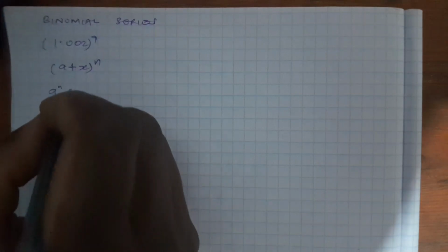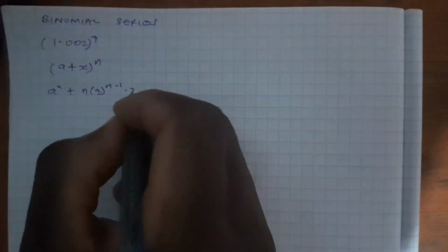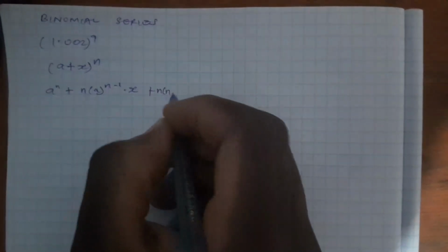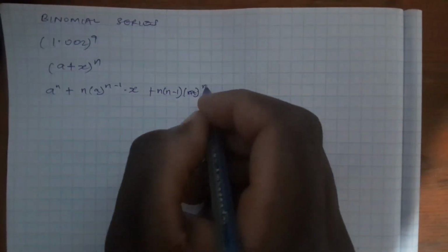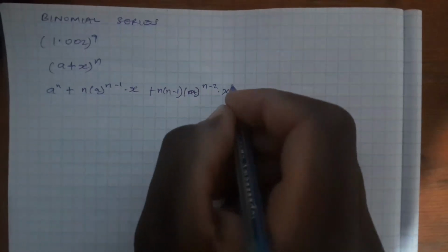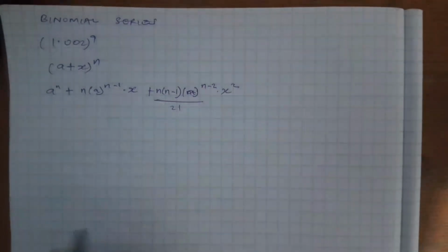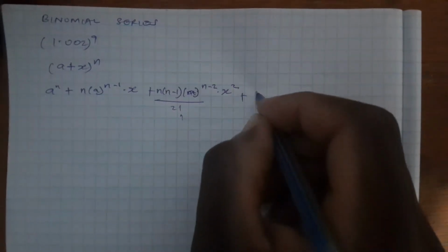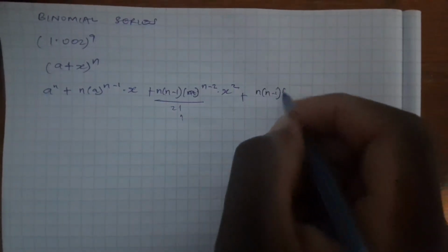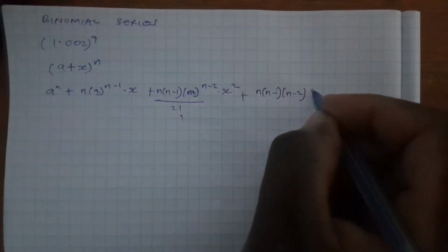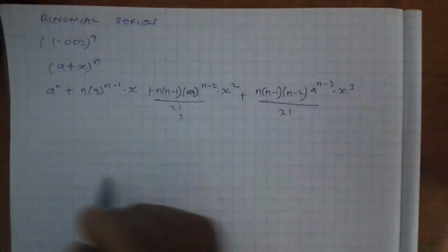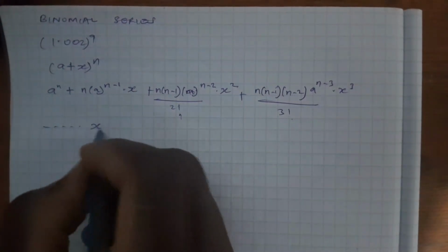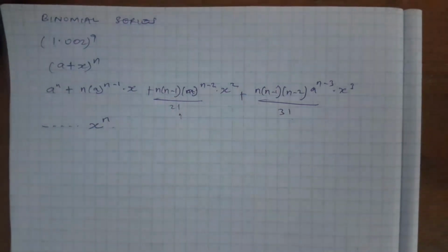We have a raised to the nth power, plus n times a to the n minus 1 times x, plus n times n minus 1 times a to the n minus 2 times x to the second power over 2 factorial, plus n times n minus 1 times n minus 2 times a to the n minus 3 times x to the third power over 3 factorial, and the series continues until you have x to the nth power.